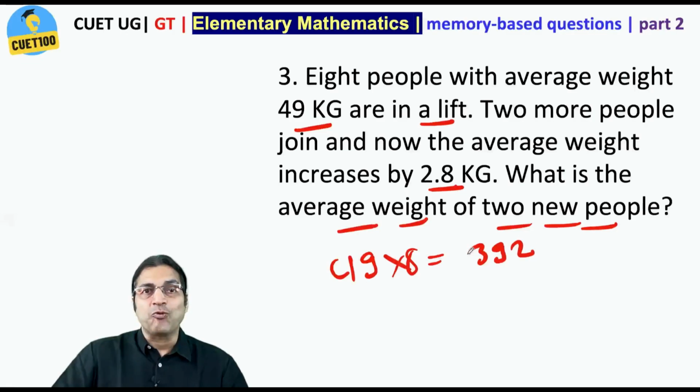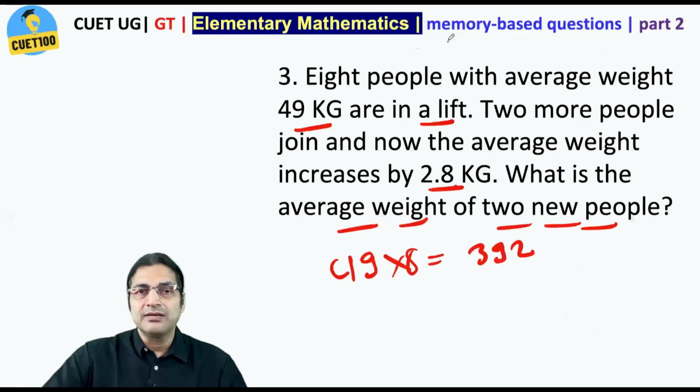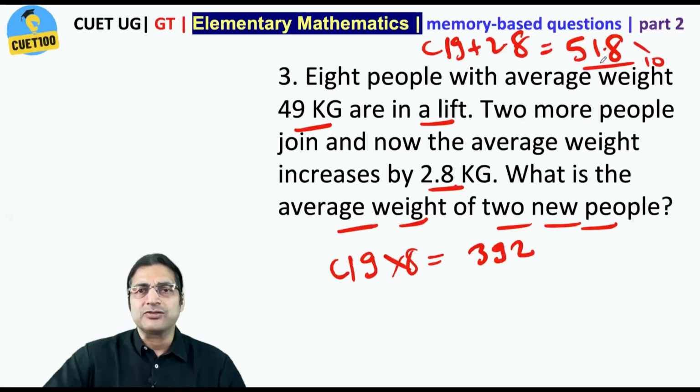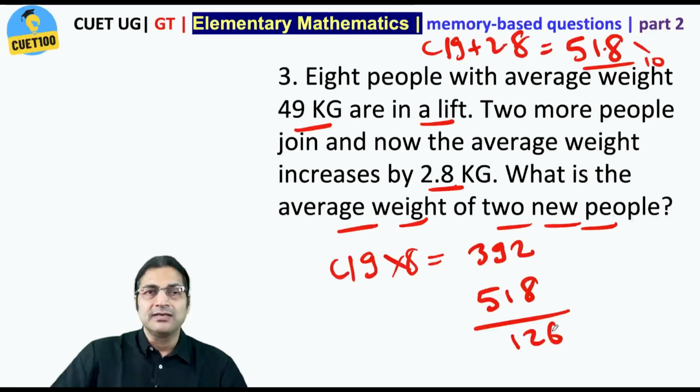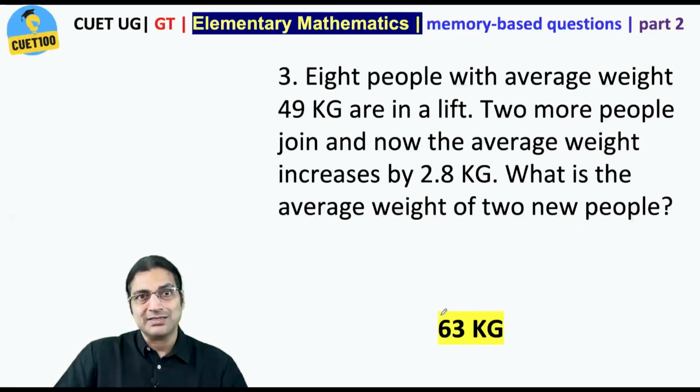Subsequently, it became 49 plus 2.8, that is 51.8. And now, how many people are there? 10, right? So, the total weight would be 518. And what is the difference between 518 and 392? 118 plus 8, 126. So, the combined weight of 2 new people is 126. So, their average weight must be 126 by 2, that is 63, and that is your answer.